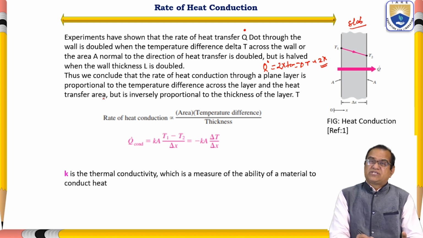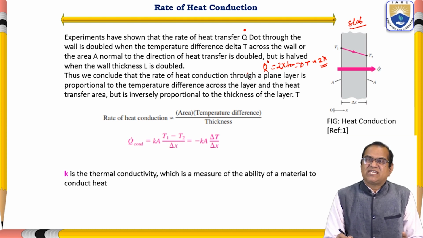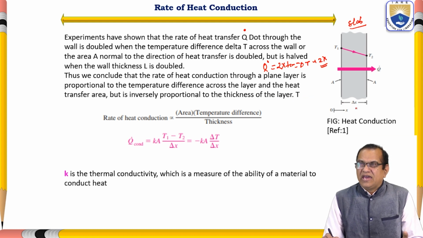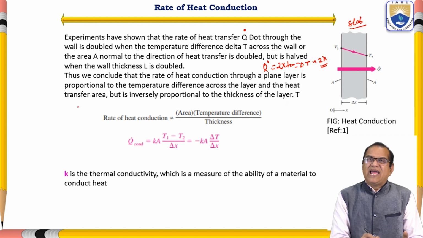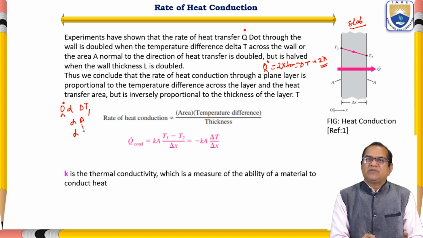So this heat transfer is directly proportional to the temperature difference, delta T, and also the area of the surface, but is inversely proportional to the thickness of the layer, X. So I can write here that Q dot is directly proportional to delta T, directly proportional to A, and also inversely proportional to delta X, that is the thickness.